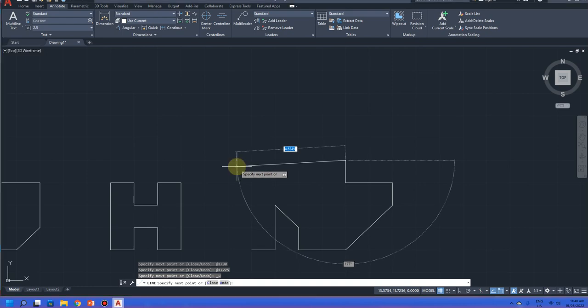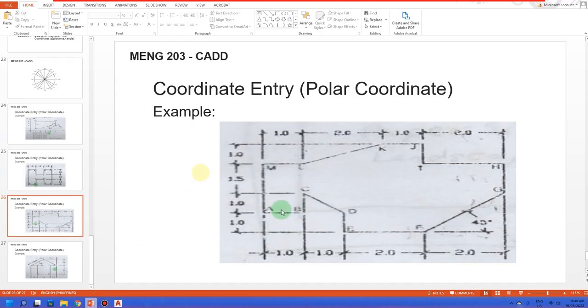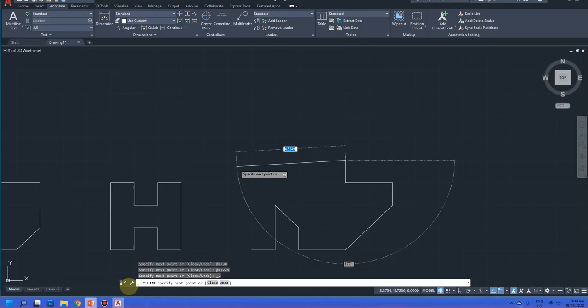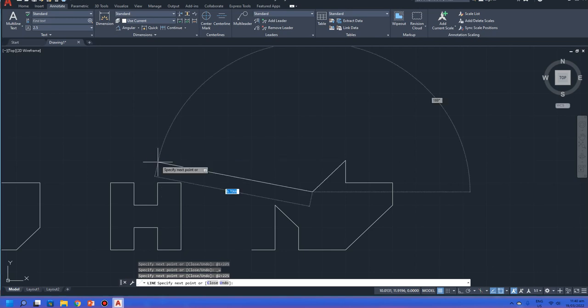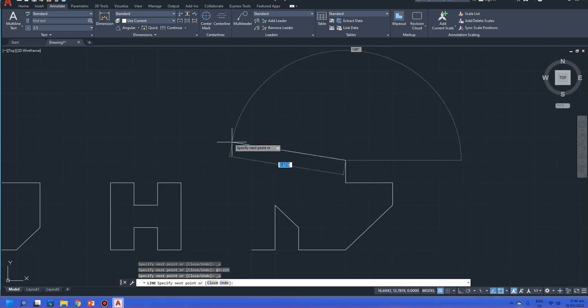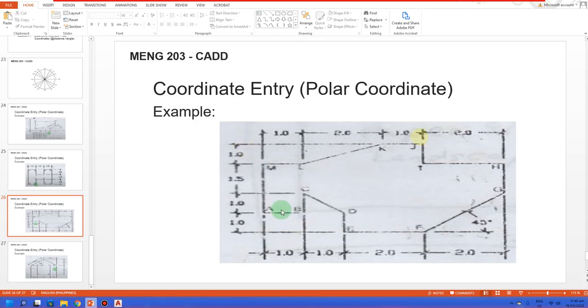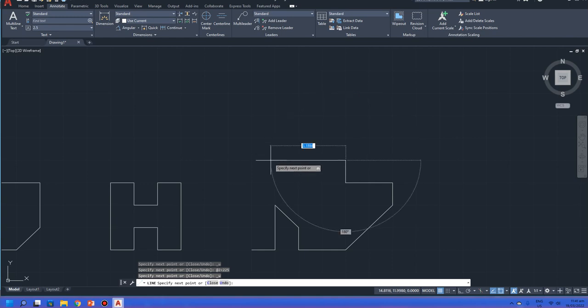Okay, distance is 2, angle is 225. Oh, I forgot this one. Okay, let's do that again. Distance is 1, angle is 180, and then distance is 2, angle is 225.